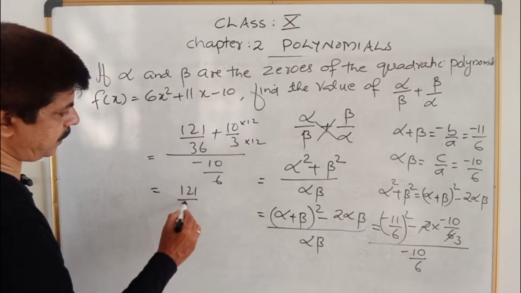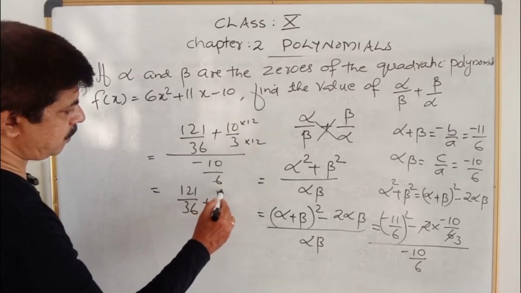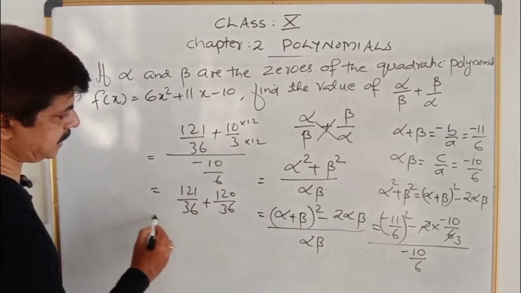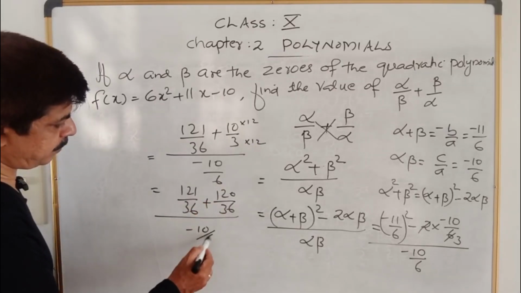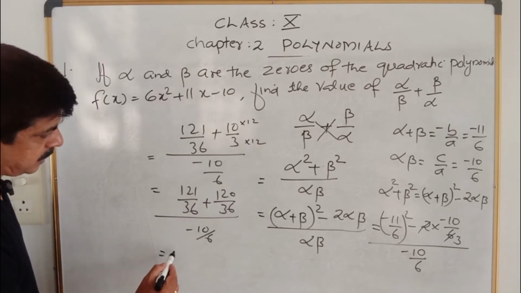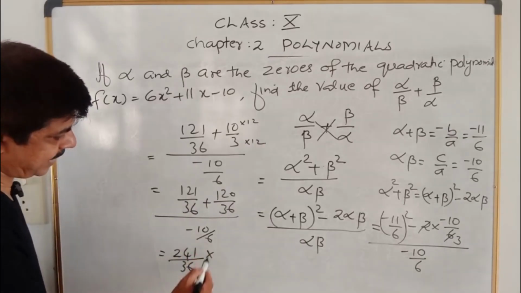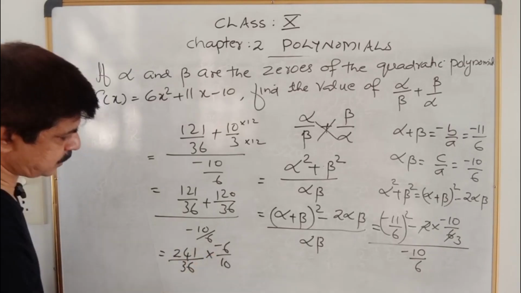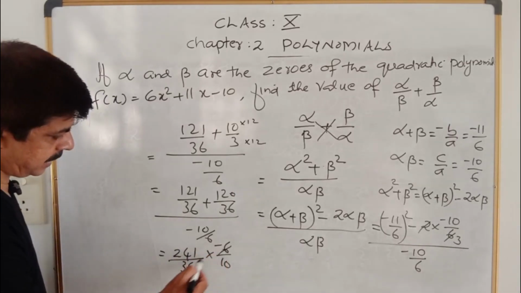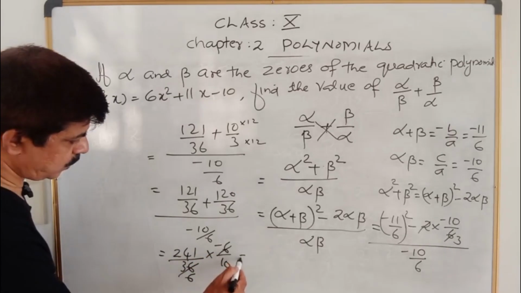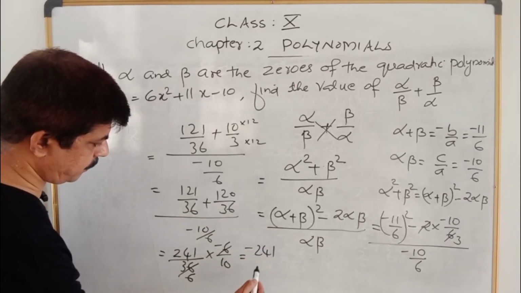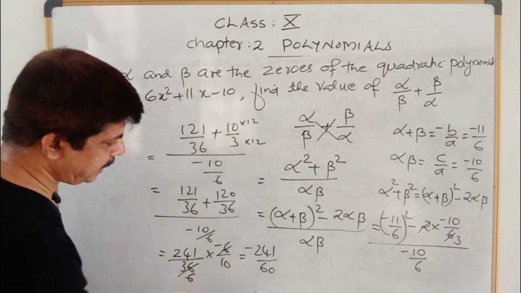So 121 by 36 plus 120 by 36, divided by negative 10 by 6. So we are getting 241 by 36. We take the reciprocal of negative 10 by 6, negative 6 by 10. Cancelling 6 into 36, our answer is negative 241 by 60.